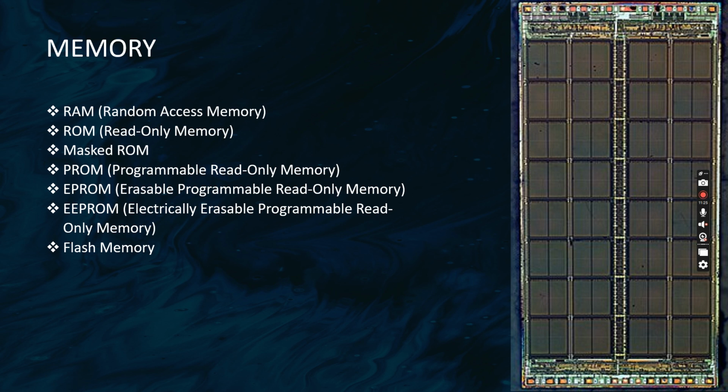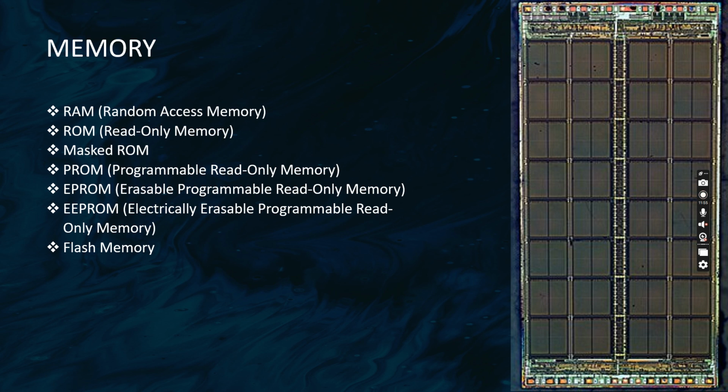Then erasable programmable read-only memory. It uses something called floating gate memory storage. We can program it once, and we can erase it using specialized techniques. Some techniques involve using UV light to make the electrons shift back to where they were.